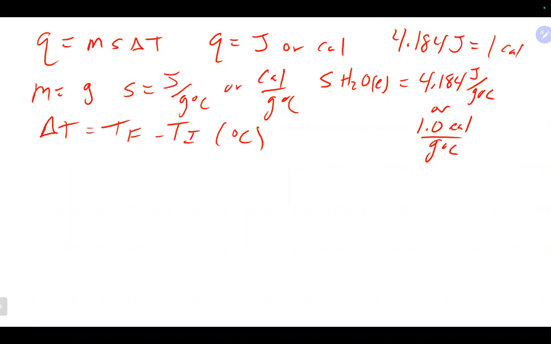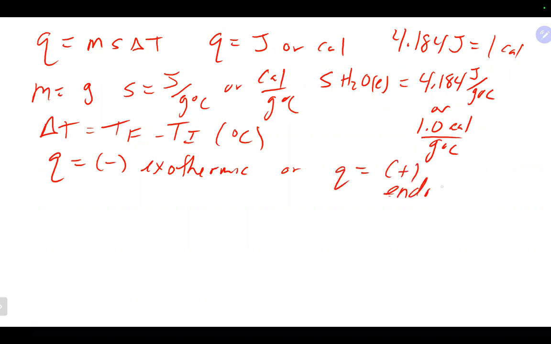So as you do your post-lab questions today, they should always be positive numbers. But that change in temperature will allow us to figure out whether Q is negative, which means it will be exothermic, or Q is a positive number, which means it will be endothermic.